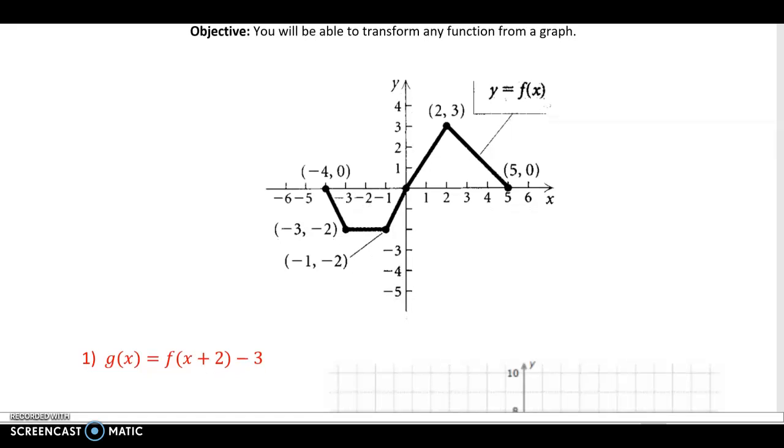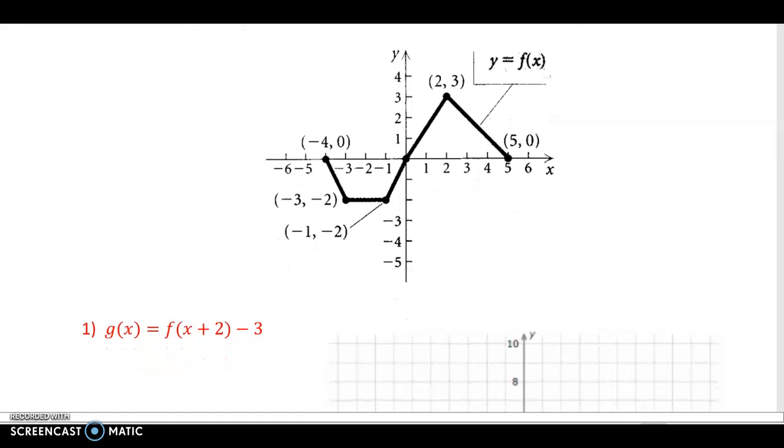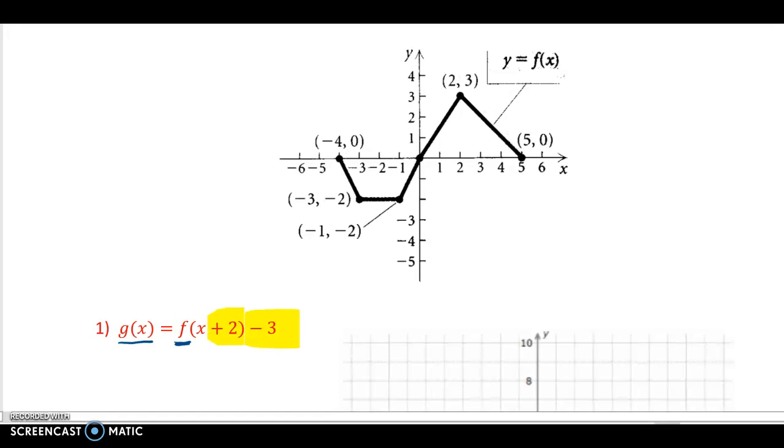And what you'll see down here is different rules for how you're going to transform function f. Okay, so this looks like it could be an equation, but I want you to think of each of these more like a rule. And this rule says to get a new function g of x, you're going to take f and do these two things to it, for this problem at least.